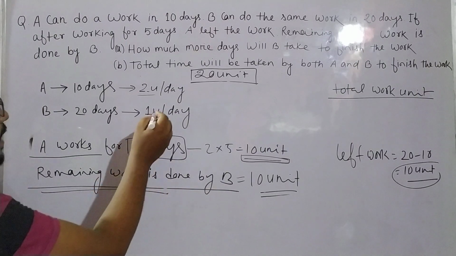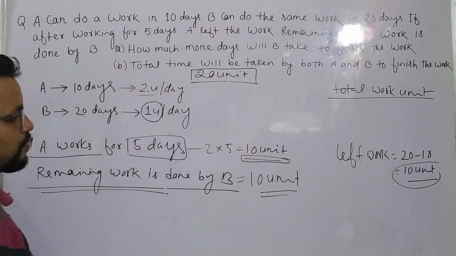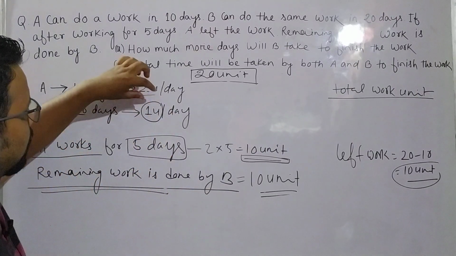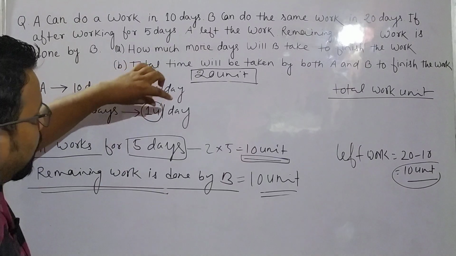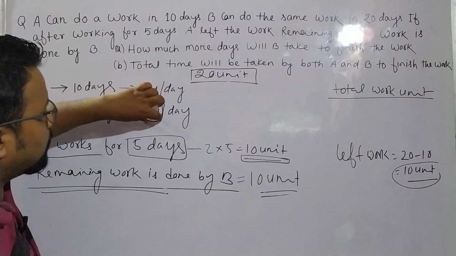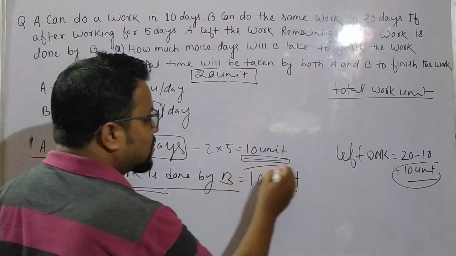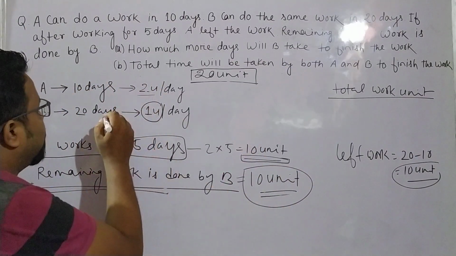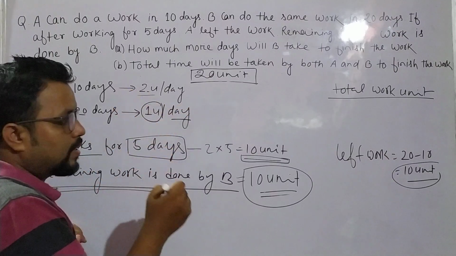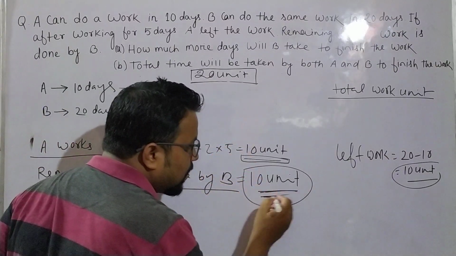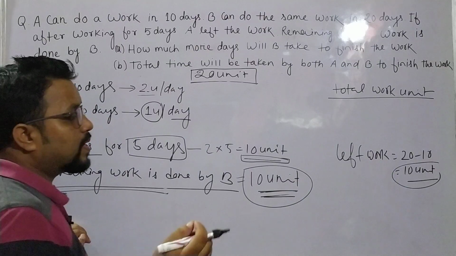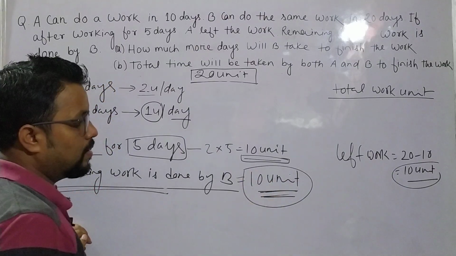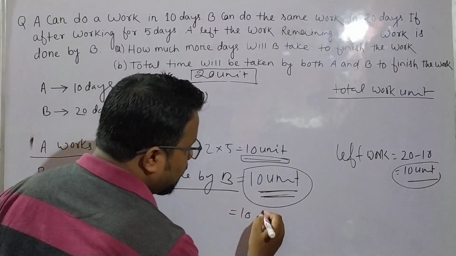अगर B एक दिन में 1 यूनिट काम करता तो 10 यूनिट फिनिश करने के लिए कितना दिन चाहिए? 10 days.